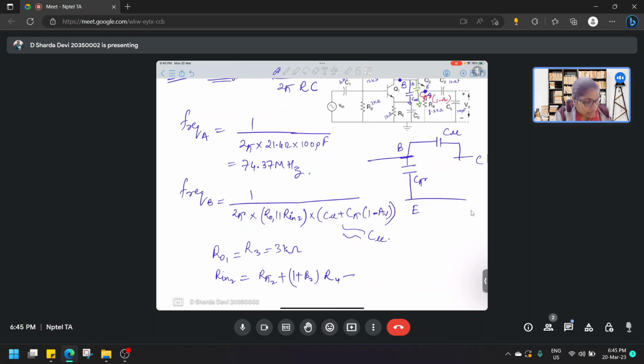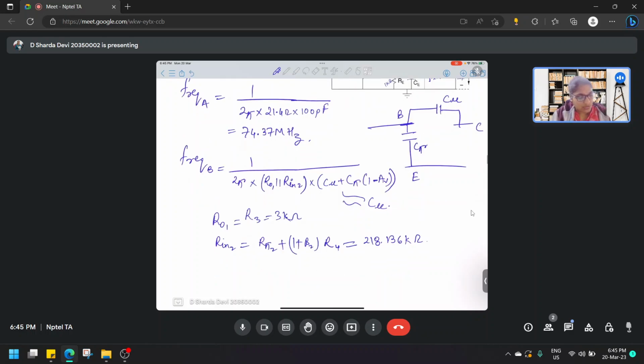So this is actually 218.136 kilo ohms, and here this is 3 kilo ohms. So when we go for 3 kilo ohms parallel to 218.136 kilo ohms, it will be close to 3 kilo ohms.